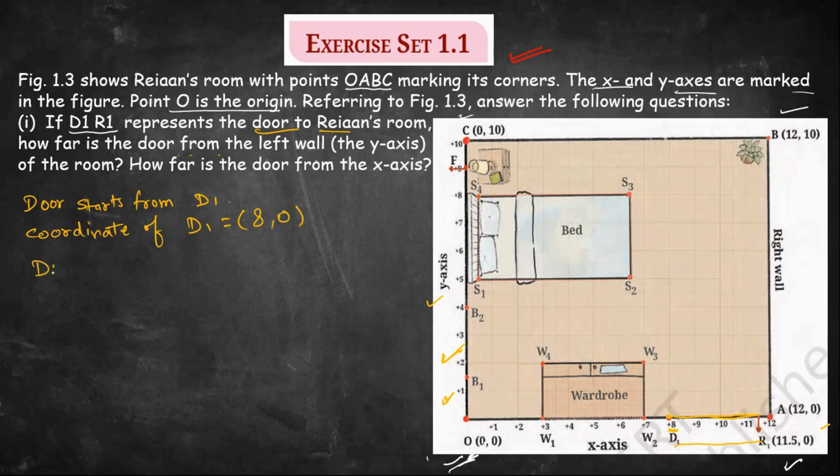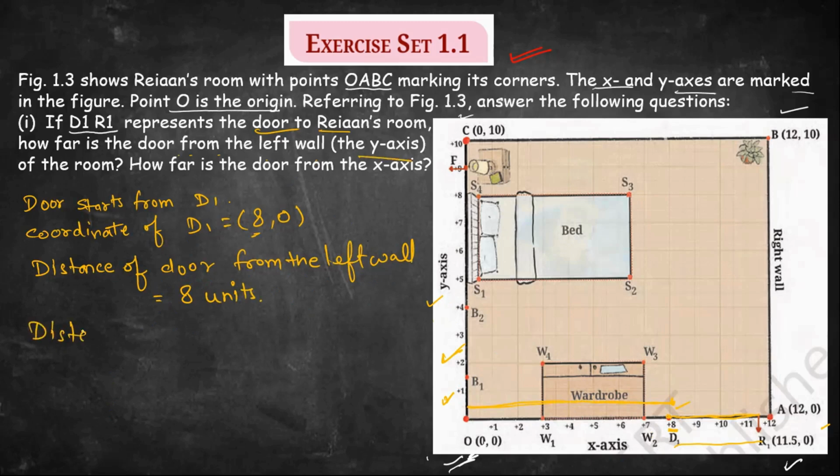Now the distance of the door from the left wall means this distance, which is nothing but the x coordinate. And what is the x coordinate? 8. So the distance of the door from the left wall is 8 units. Left wall means y-axis.